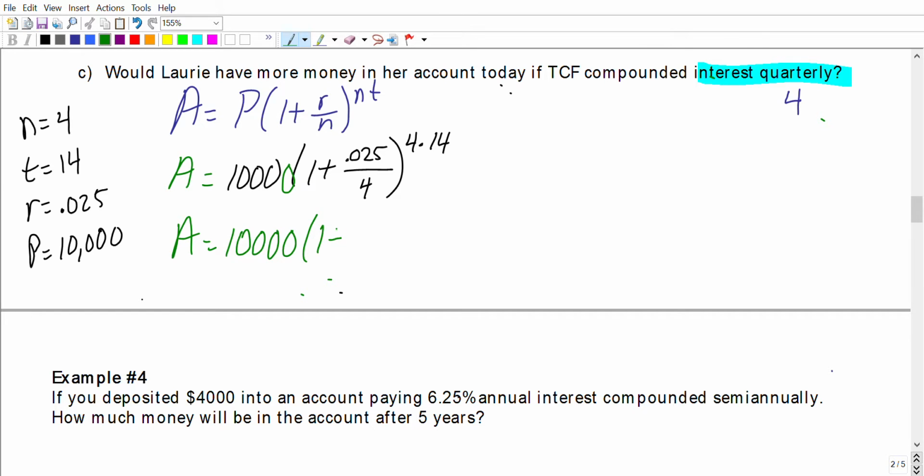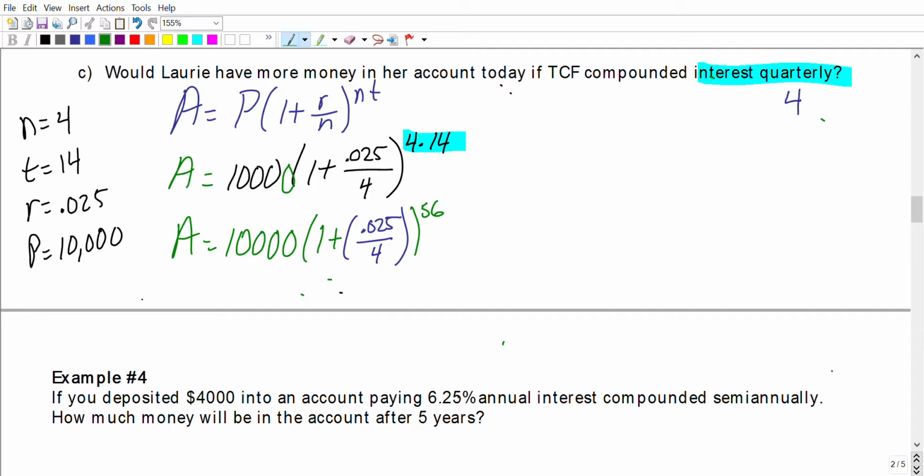So it's 1 plus 0.025 over 4, and then 4 times 14 is what you should be calculating over here, and that one I believe is 56.